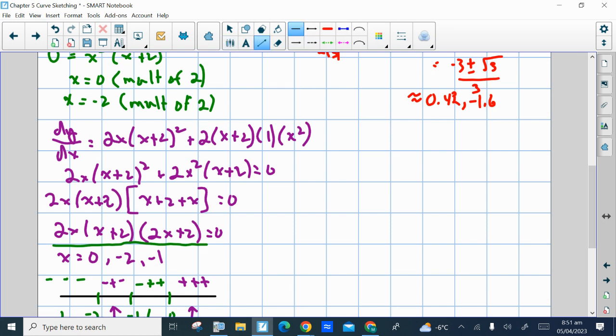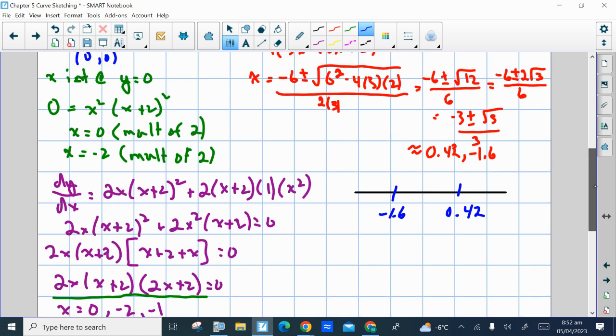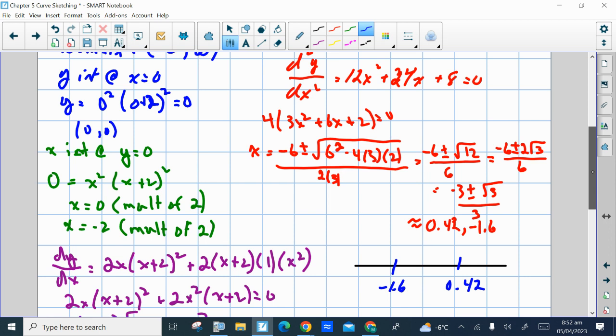So we place those two values on our number line. A number to the left of negative 1.6, like negative 2.